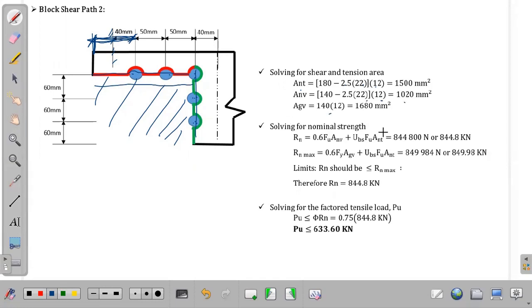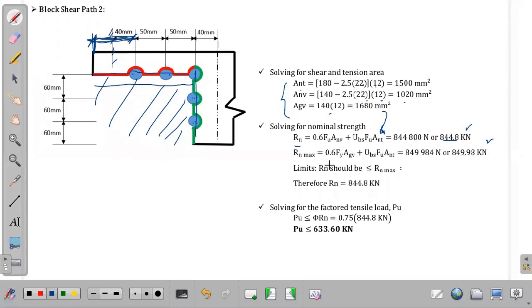Okay, so after solving for the value, you just have to substitute this in the Rn equation to solve for the value of Rn. Okay, and after solving for the Rn, that is equal to 844.8, we have to compare this value with the value of Rn max. So Rn max is equal to 849.98.